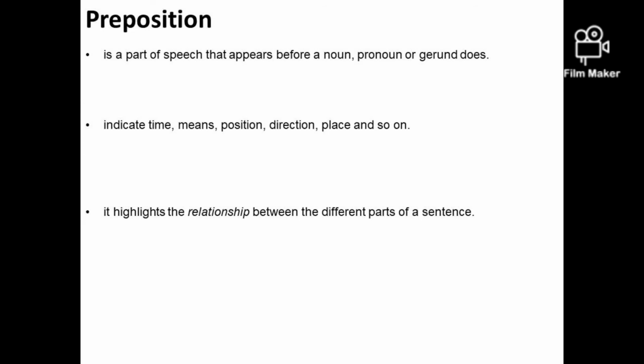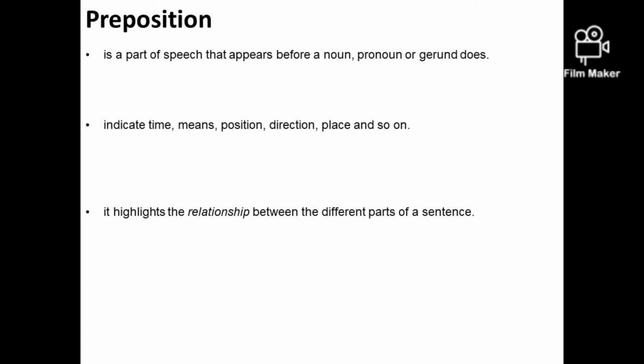So we first learnt about the noun. In our previous lesson, we learned that a noun is a naming word used to name places, people, objects, things like that. And we said there are different types of nouns: pronouns, proper nouns, collective nouns, common nouns, and abstract nouns.